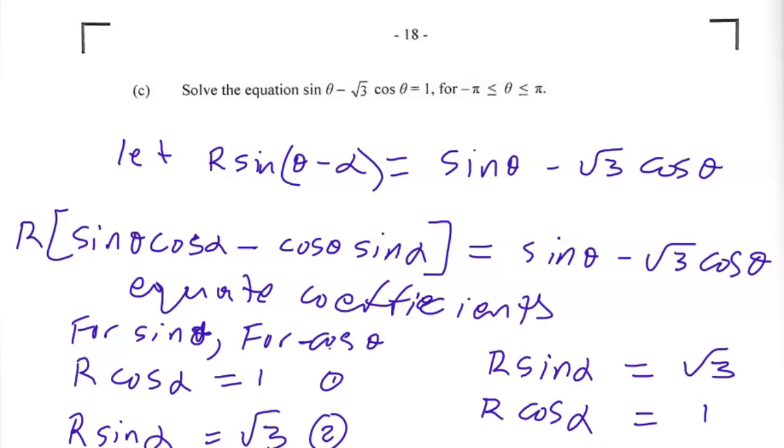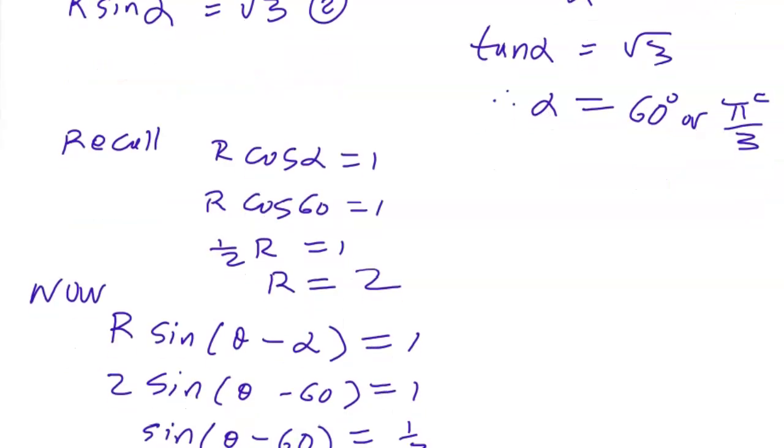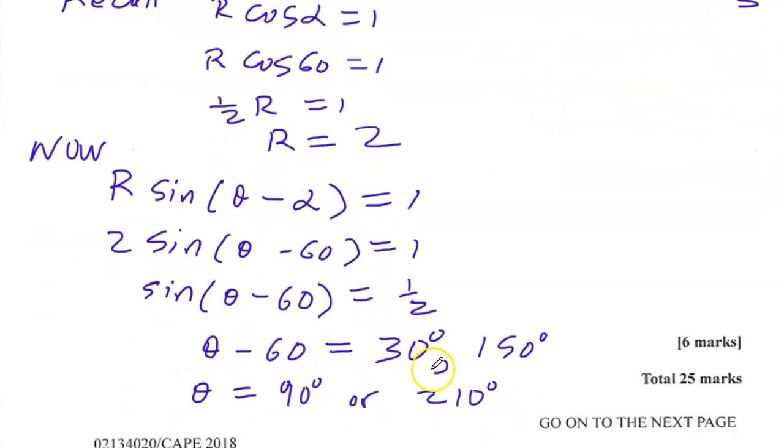So we'll throw out the 210, since this is out of the range. So theta is 90 degrees, or if you want to write it in radians, that's pi over 2. Either would certainly work.